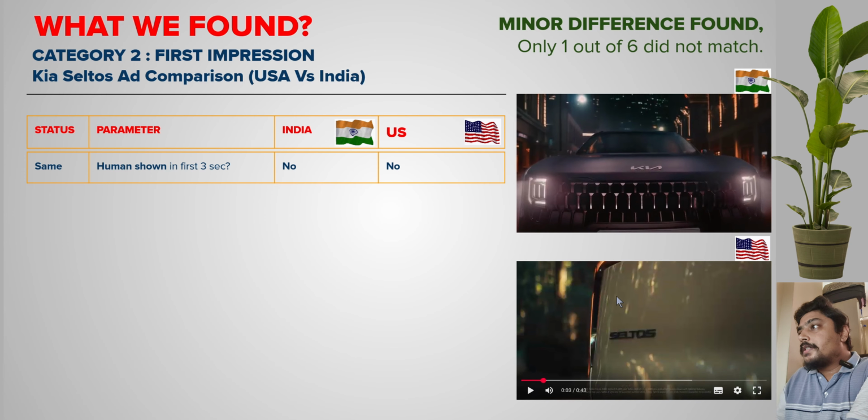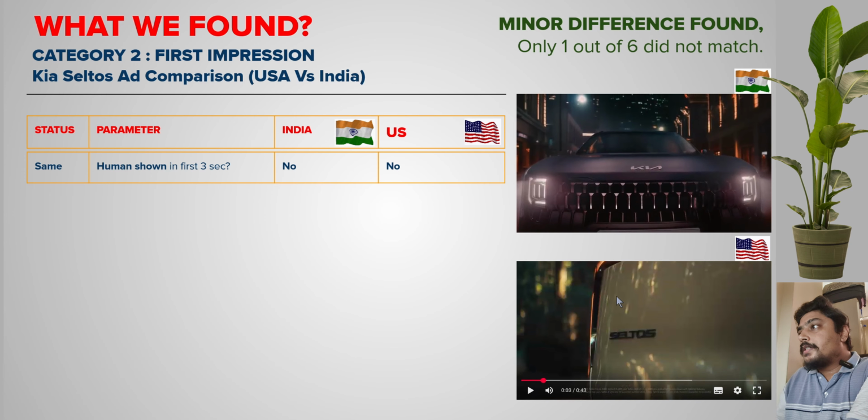So in both scenarios, we marked product close-up. The next parameter asks whether the product was shown in the first 3 seconds or not. In both cases the product was shown, so we marked yes here.